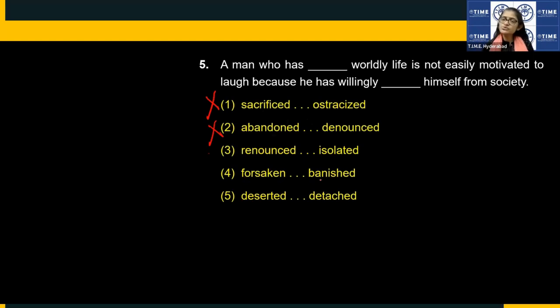To banish is to excommunicate somebody. You don't do that to yourself, okay? Who has deserted worldly life? You don't desert worldly life. A place is deserted, but you do not desert something, okay? The usage is wrong. Willingly detached himself from society may be okay. First part is wrong. So, option 3.